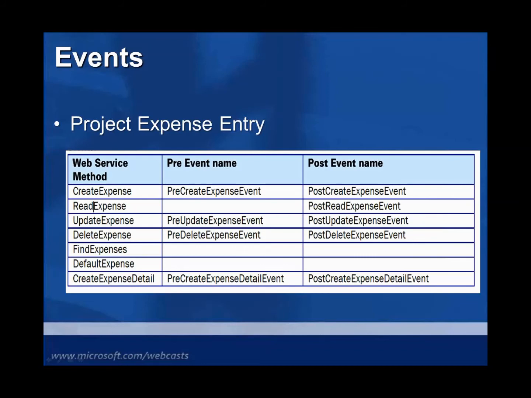Now, we've talked a lot about the hierarchy with parent and children objects. The child subcollection has a property on it called action type. When you're creating an expense entry with expense details and you pass the header and details into the web service, on those detail lines you need to tell it what action to take.